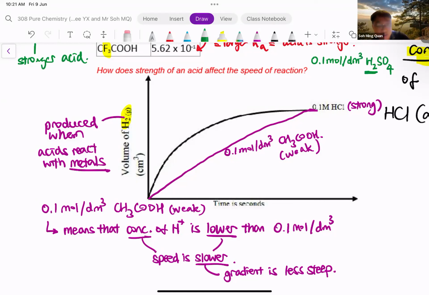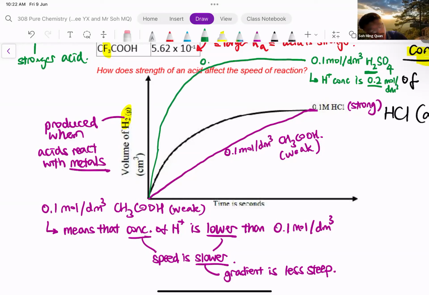But beyond being strong, sulfuric acid is a dibasic acid, meaning my H plus concentration is not 0.1, my H plus concentration is 0.2, is double, which means the speed should be faster. And the final volume should be double. So that's the difference between a dibasic and a monobasic. There's a difference between a monobasic strong and a monobasic weak acid.